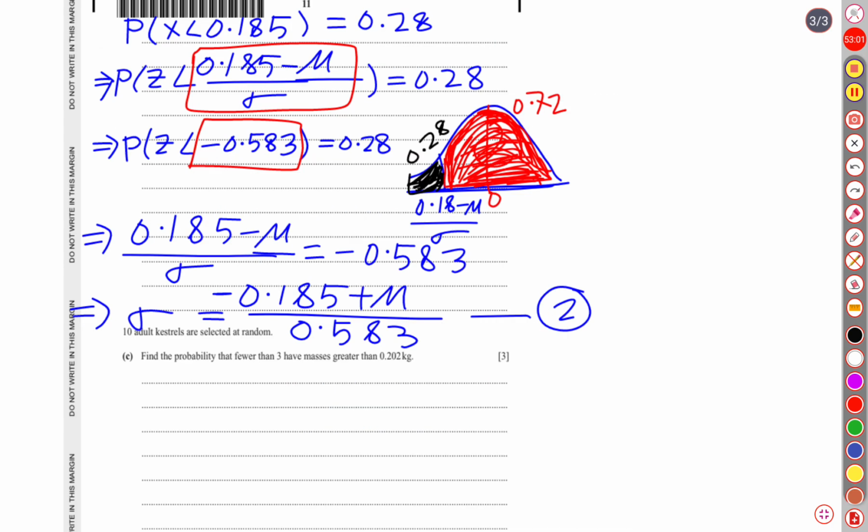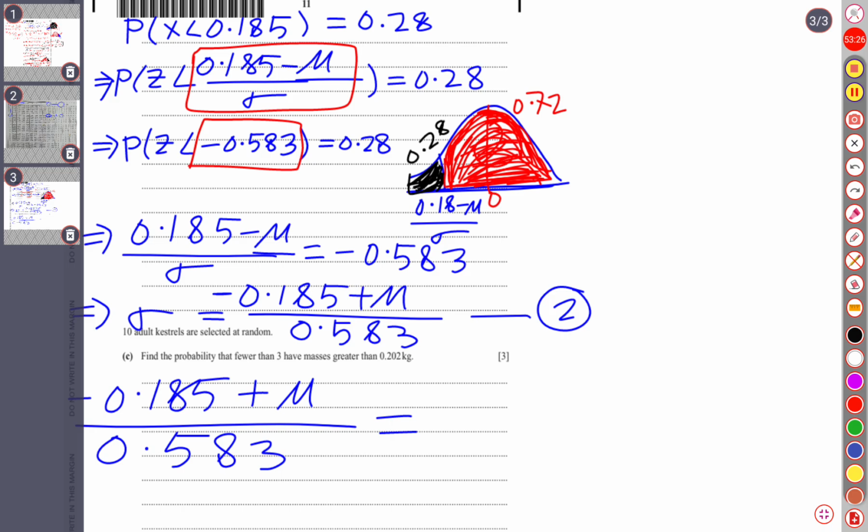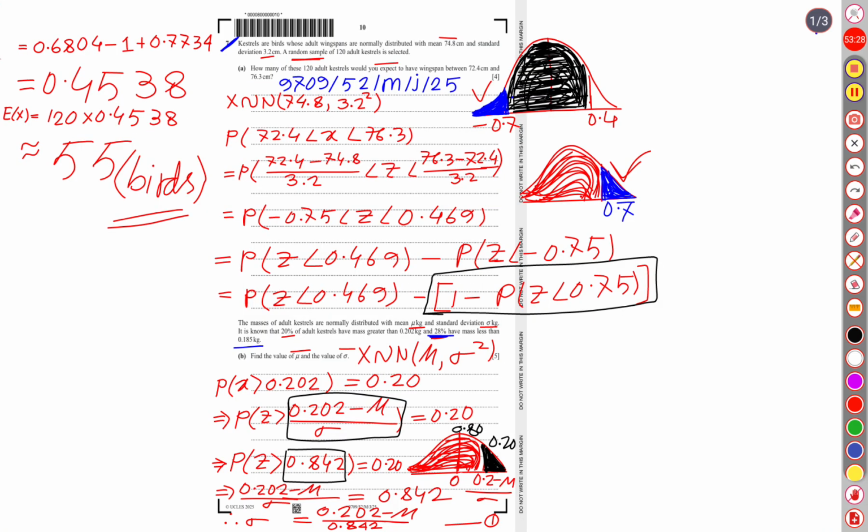Solving the equation simultaneously, we get sigma actually, plus mu over 0.583 is equal to, in equation number 1 from the previous page, 0.202 minus mu over 0.842.